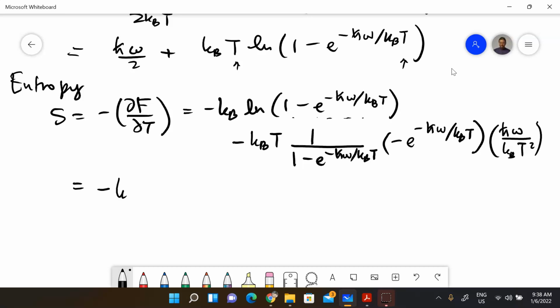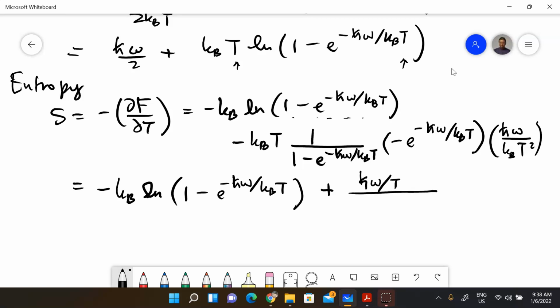Minus kB log of 1 minus e to the minus h bar omega on kBT plus h bar omega on T divided by e to the h bar omega on kBT minus 1.